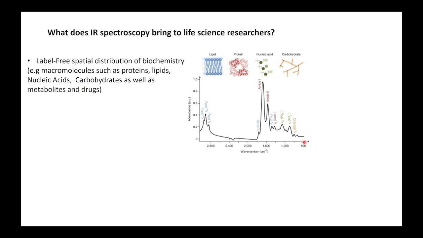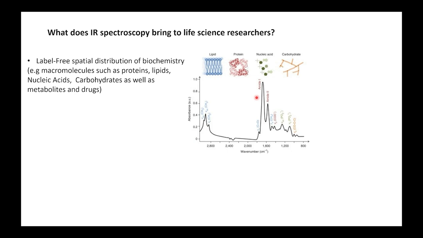If anyone's not familiar with what an infrared spectrum of a typical biological molecule or sample looks like, here we have absorbance as a function of wavelength or energy, and we've got a number of different bands. These peaks are all related to the overall chemistry being probed at that point in time.